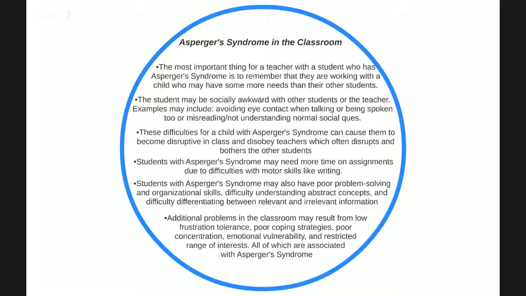The student with Asperger's may avoid this eye contact. The teacher has to remember that this is normal for a child with Asperger's syndrome, and they have to try and work with them to either gain some of that eye contact or just understand that the student is listening and paying attention, but may be avoiding eye contact, which would be socially awkward.